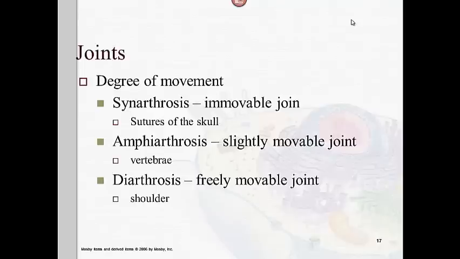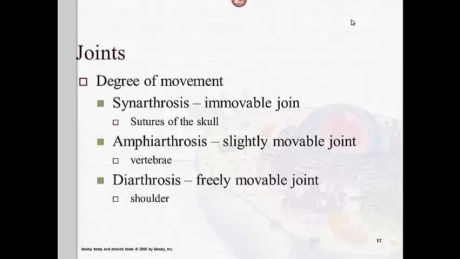For example, the sutures of the skull are synarthrosis. And you might be thinking, well, there is movement in infancy before 1 year old or in the neonate, and there is movement, but we're talking about once it's already sealed, the actual skull is immovable.